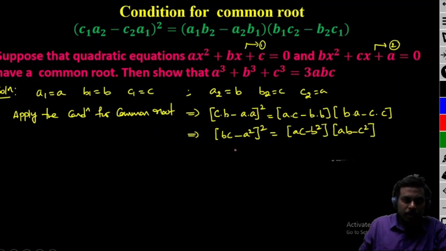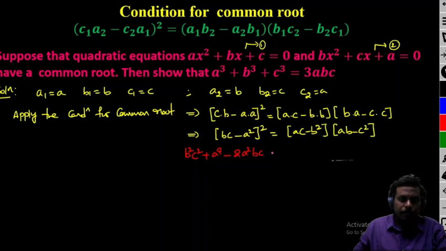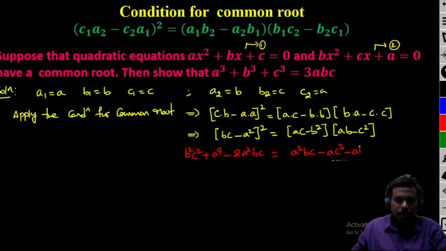Now let us simplify the terms here. So this becomes b square c square plus a power 4 minus 2 into a square bc is equal to a square into bc minus a into c cube minus a into b cube plus b square into c square.